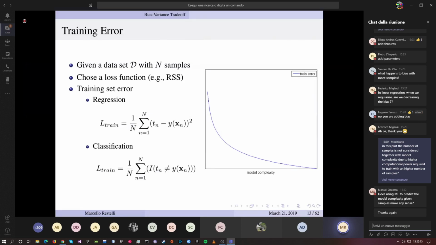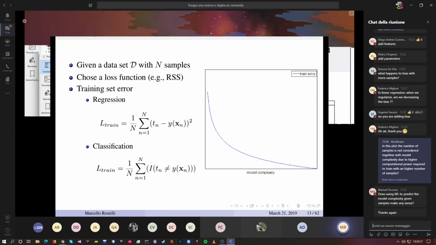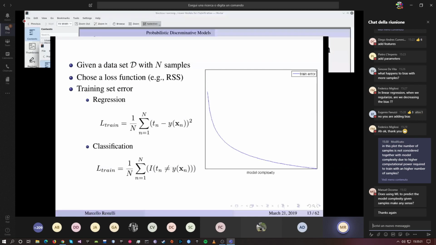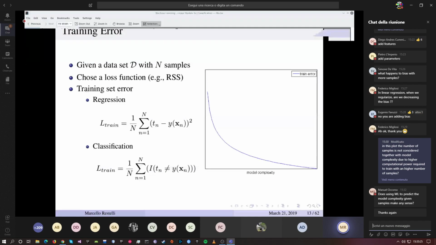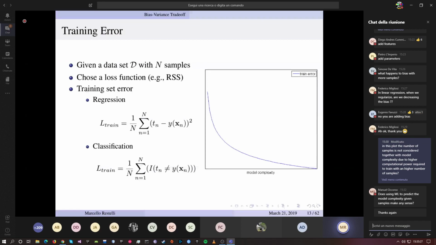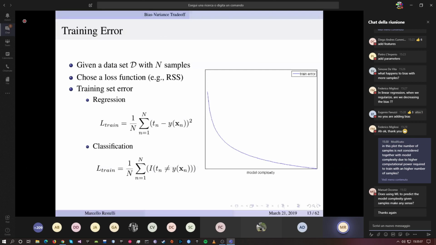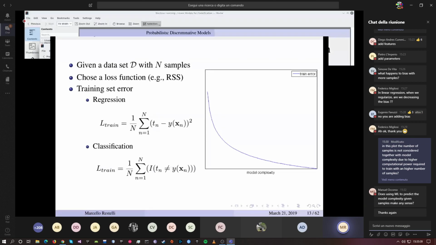And when I have the interpolating polynomial, the train error is 0. But you also remember that, okay, I have 0 error on the train data, but outside the training samples the function can be very crazy. And so I'm not so happy, because of course I have put the train error to 0, but probably something else is no longer so low, but is very large.